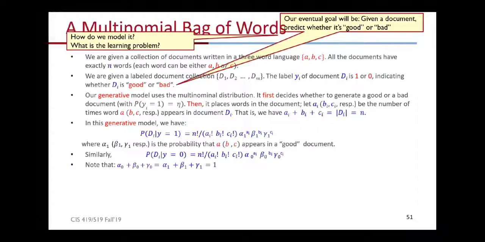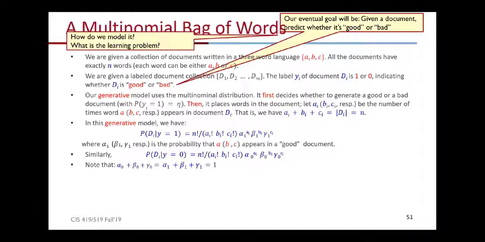So with this notation, what I mean is that alpha 1 is the probability to see A in a good document. Beta 1 is the probability to see B in a good document, and so on. In the same way, I can have the probability of observing the document Di in a bad document, where I'm using the parameters alpha 0, beta 0, gamma 0.